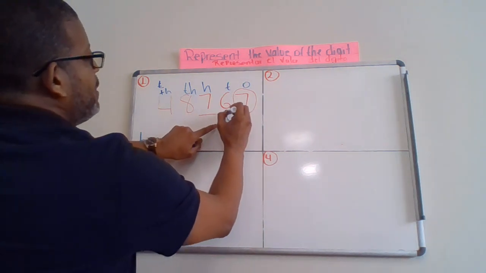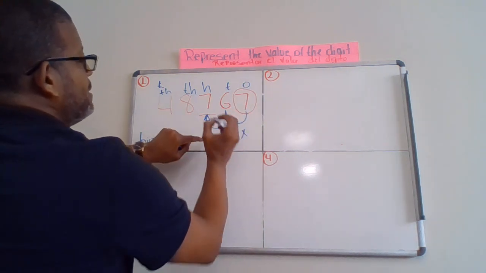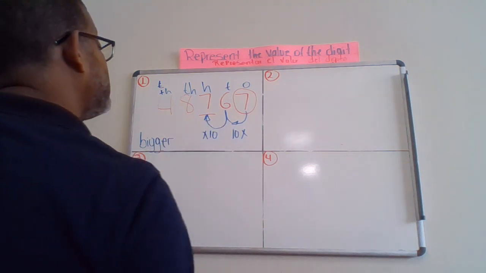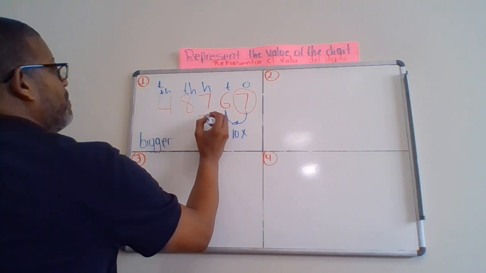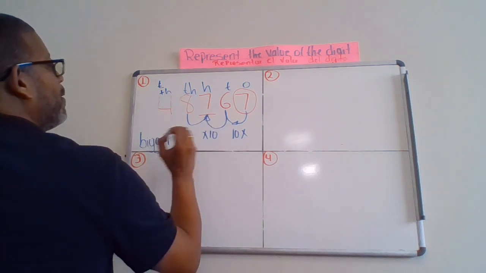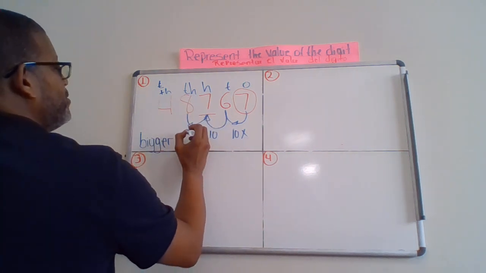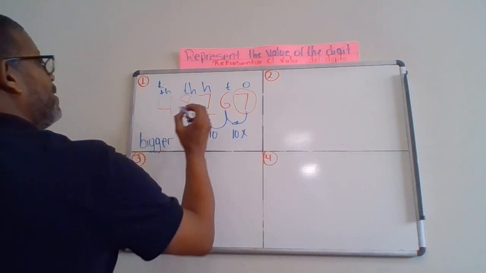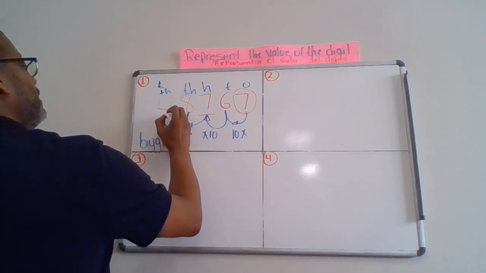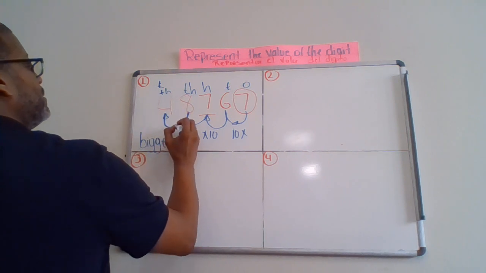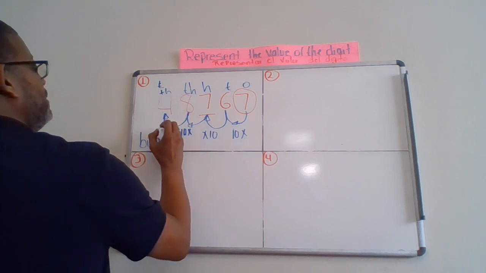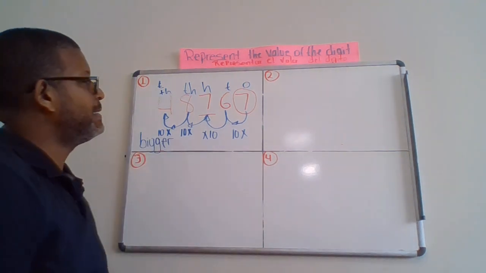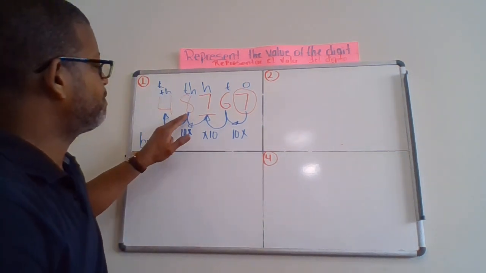If we move from the 6 to this, the next number would be 10 times bigger. If we move to the next number in the same direction, that will be 10 times bigger. If we move in this direction, this 4 will be 10 times bigger than the 8.